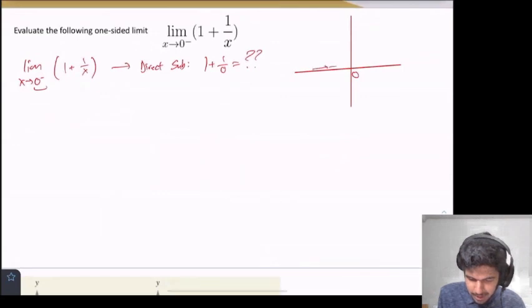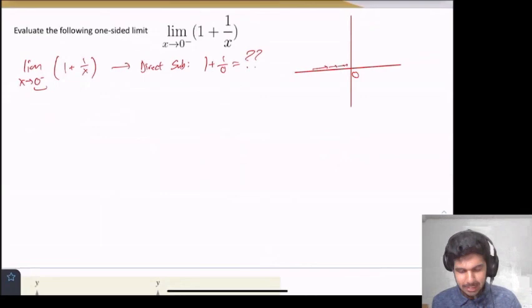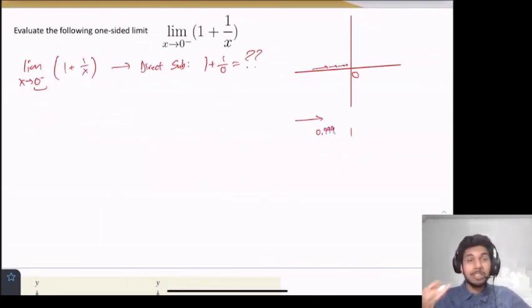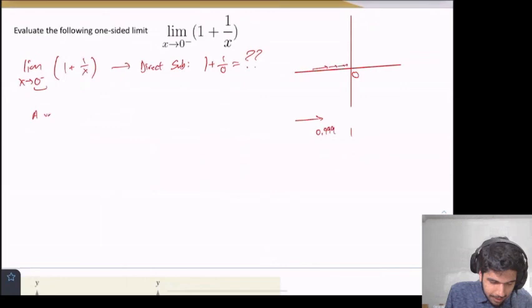We would be coming this way, right? And if we remember the table method that we did, we were evaluating at 1, and when we came from the left, the last value we tried was 0.999, so we were very close to 1. So if we were to do the table method, the number we would try right before 0 would be a very small negative number.